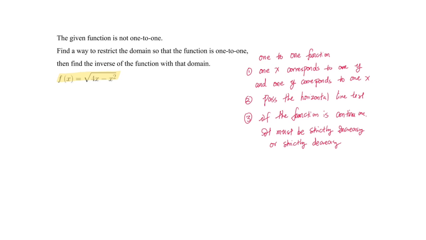Okay, now let's look back to the question. We're given this function right here, f(x) is equal to the square root of 4x minus x squared. If we look at the graphical representation, it should look like this. Let me draw the axis, y and the x-axis. Let me use another color for the graph.